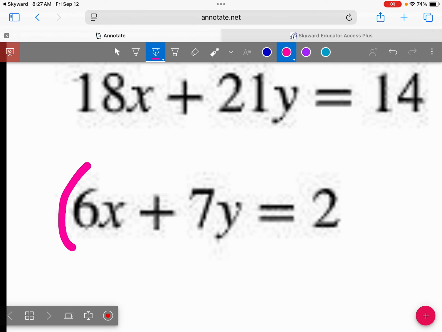So if I wanted them to have the exact same number, I could just multiply this by 3. But I don't want them to have exactly the same number. I want them to have the opposite sign. So I'm going to multiply instead by -3.